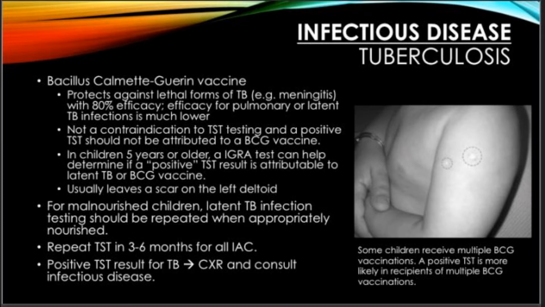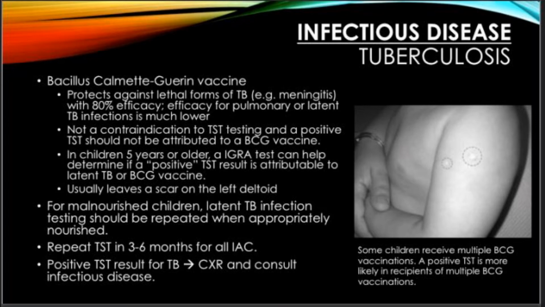TB. For malnourished children, you need to make sure that you test when they have been adequately nourished. And then you also want to repeat the tuberculin skin test in another 3 to 6 months to make sure, especially in the malnourished children, that you're getting accurate results.